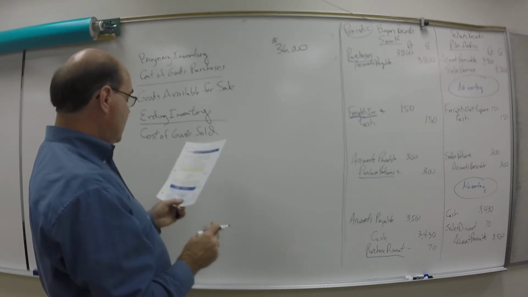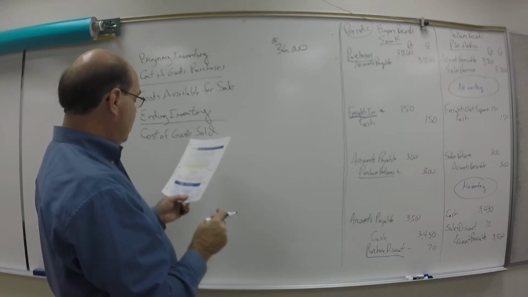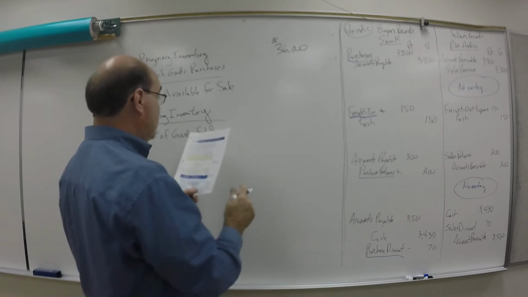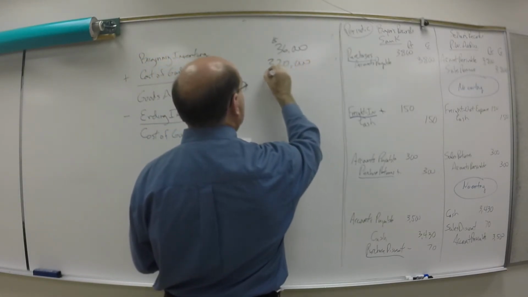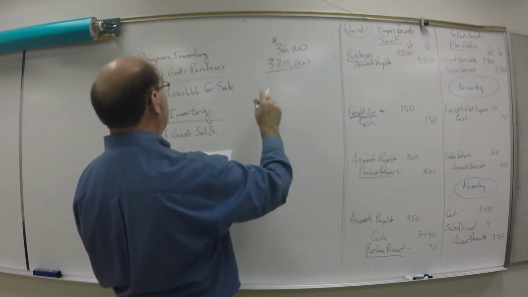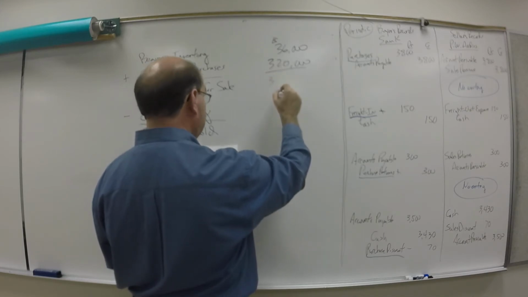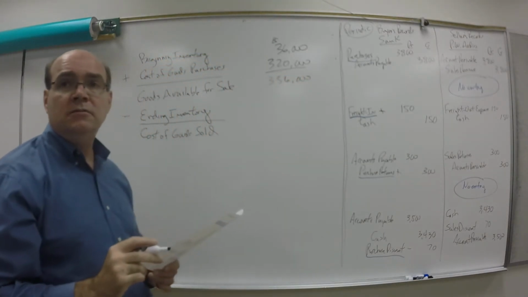So $36,000, and then your net purchases ended up being $320,000. You add those two together, and you had $356,000 worth of merchandise available.